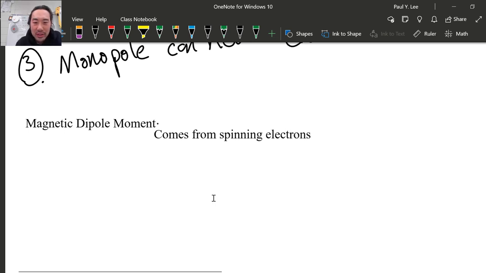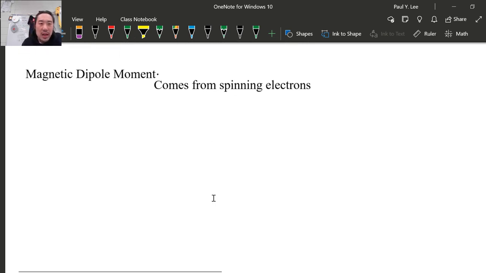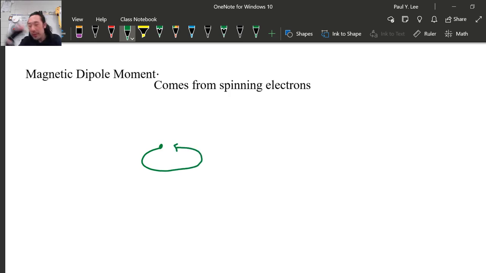All right, so I'm going to try to really sketch this out. But if we have an electron here, right, and this electron is spinning around like this in a loop, what you end up with is, if we were to visualize this in our human brain, you get a magnetic field.